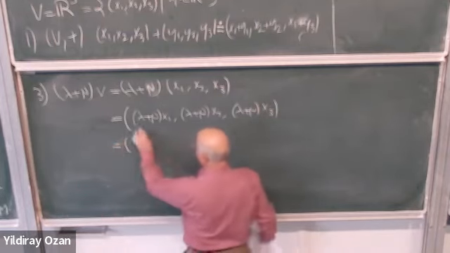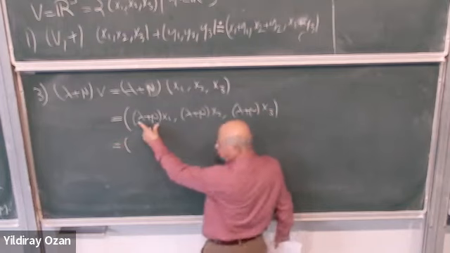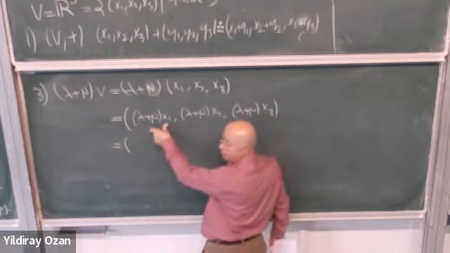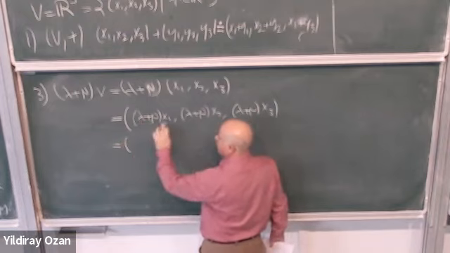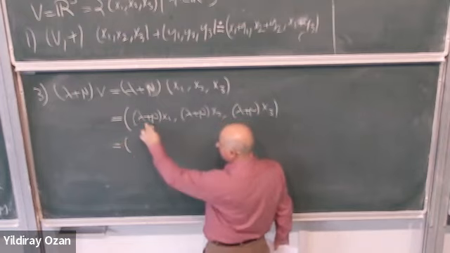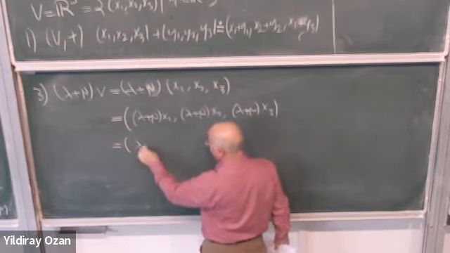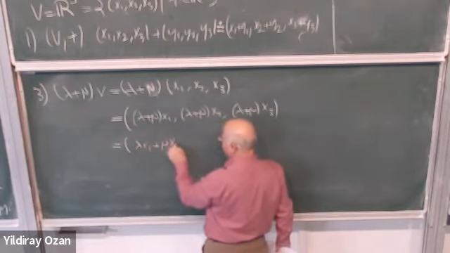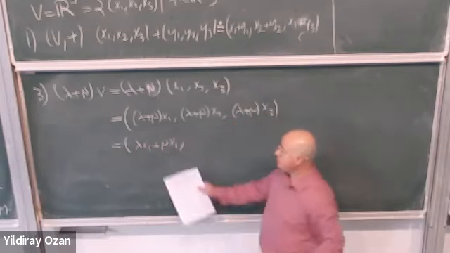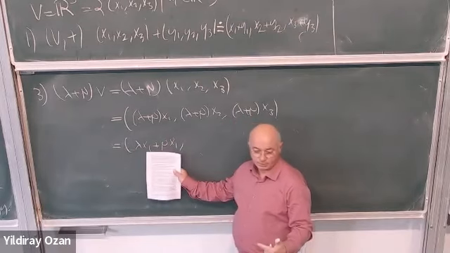Now what is this? Well, two real numbers added up, multiplied with a third real number. We know that real numbers form a field, therefore I can write this as follows. This is lambda times x1 plus mu times x1. This is the property of real numbers.